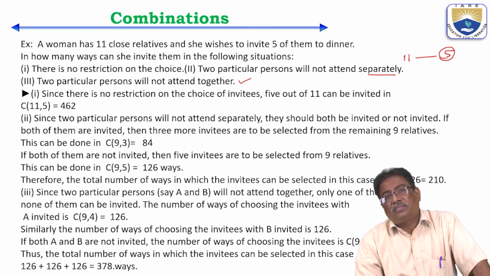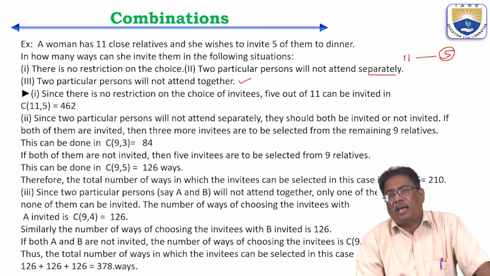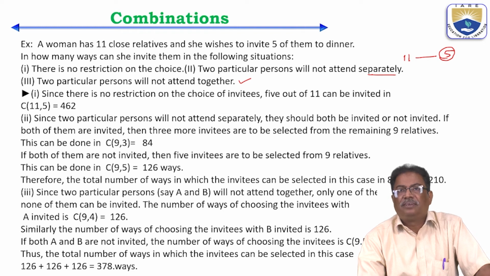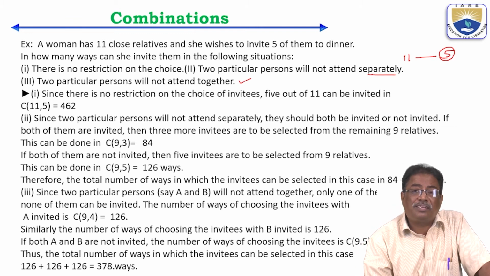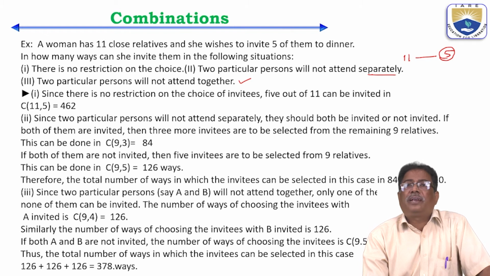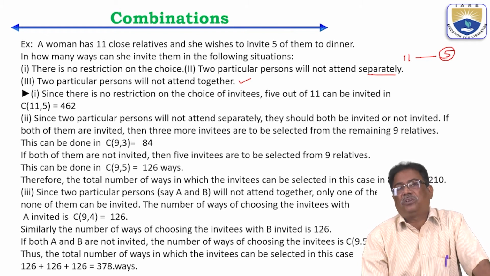Y will come, X will not come. And the woman has 3 choices. Whether she invites X and not Y, or she invites Y and not X, or she does not invite both. So these are the 3 possible combinations that a woman has for this particular situation.